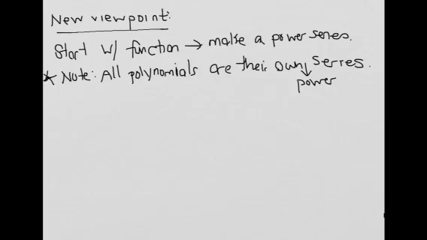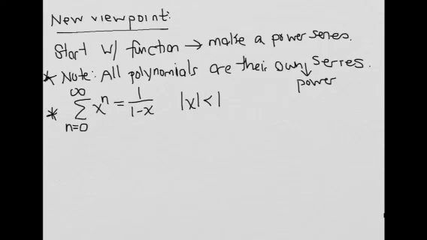The thing we're going to use right now to get us going is to remember the geometric series. The sum of x to the n converges if the absolute value of x is less than 1. And remember there was that formula, it converges to a over 1 minus r, and in this case r is x.